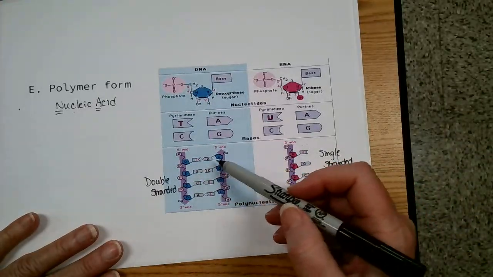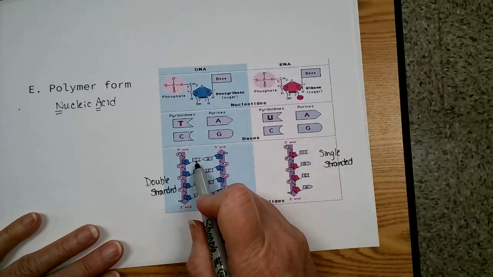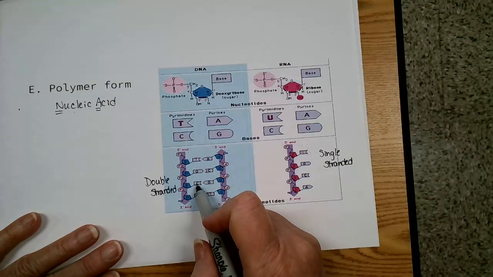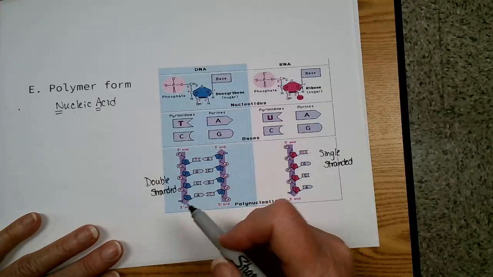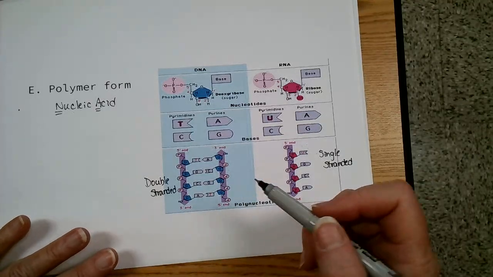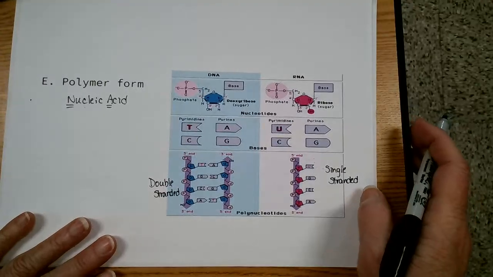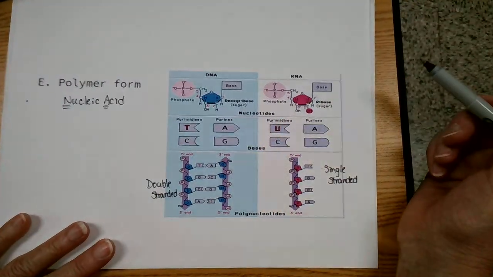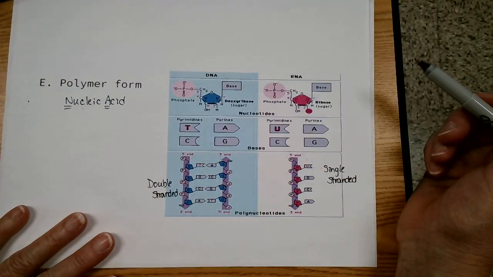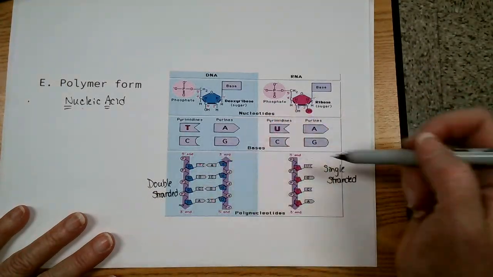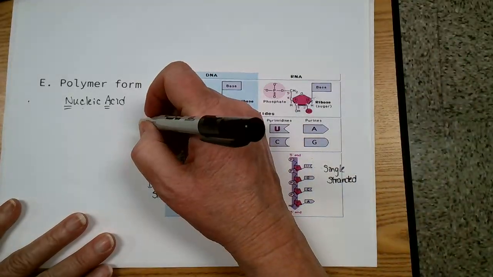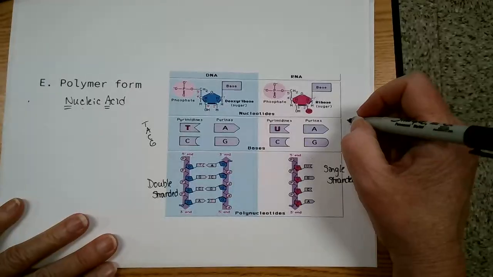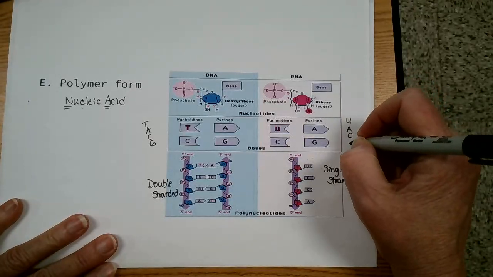In DNA, because there's a double strand, you're going to see the T always matches with an A, and the G always matches with a C. C with a G, A with a T, T with an A. Later on, when we get into deciphering DNA and seeing how it works, that code of matching, those complementary bases, will be very important. So DNA is double-stranded, RNA is single-stranded. DNA has T, A, C, or G. RNA has U, A, C, or G.